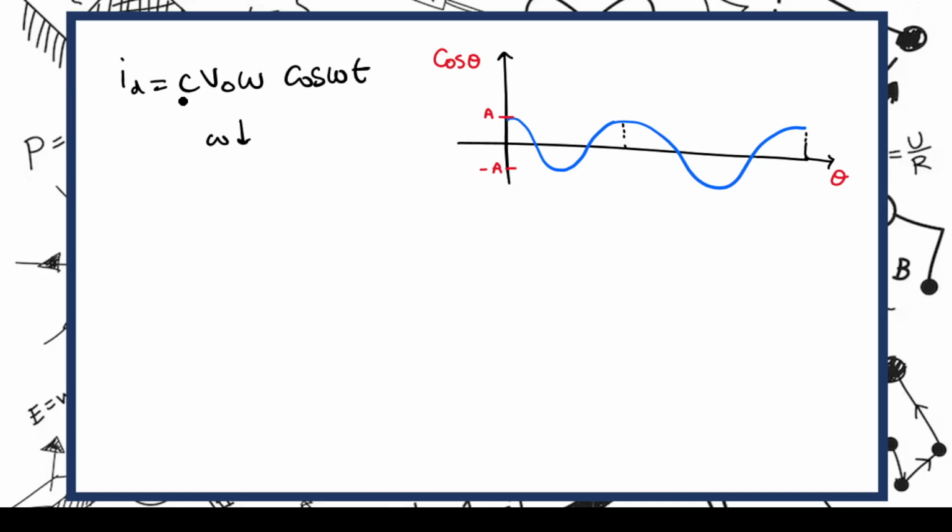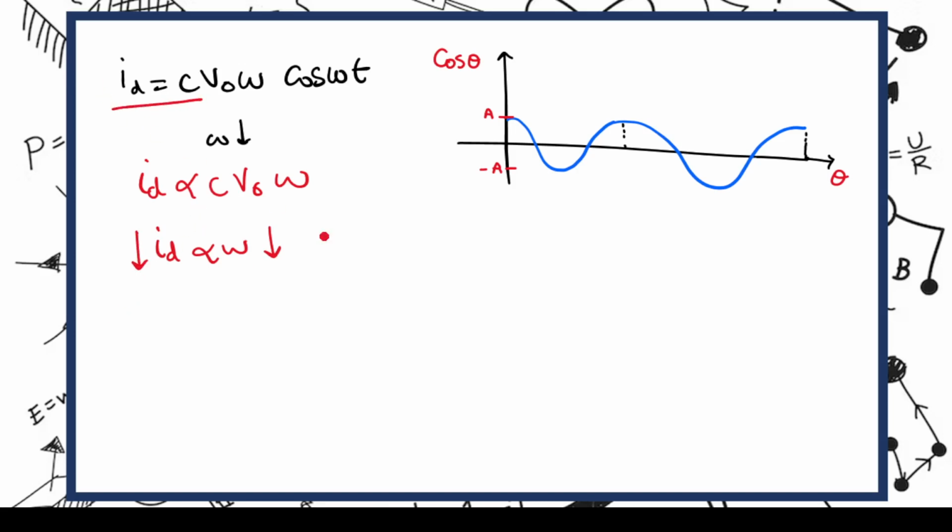So this term will have no impact on the magnitude of current. So we get ID will be proportional to C V naught omega. These two terms are constant. So when omega increases or decreases, that will directly increase or decrease ID. So as omega decreases, as is told in the question, ID will decrease.